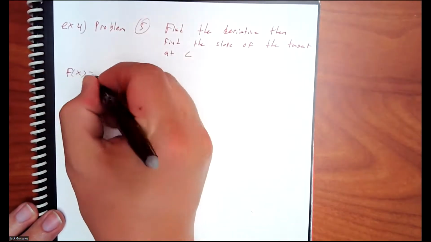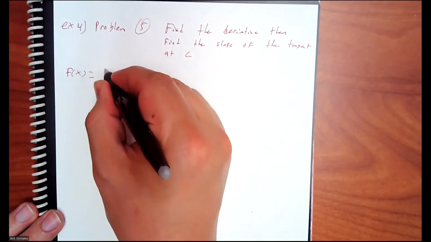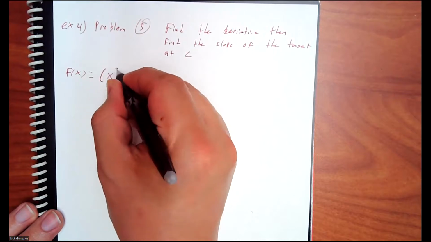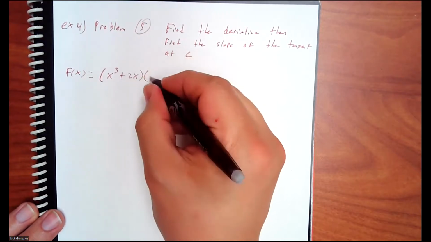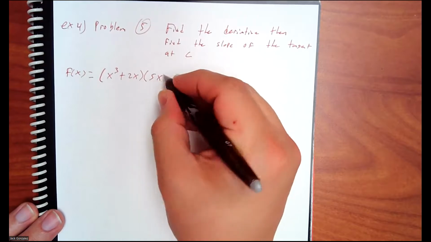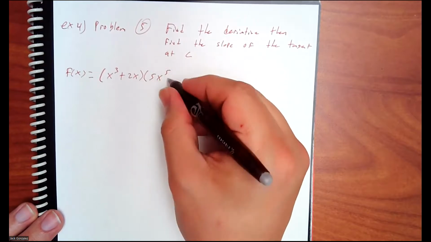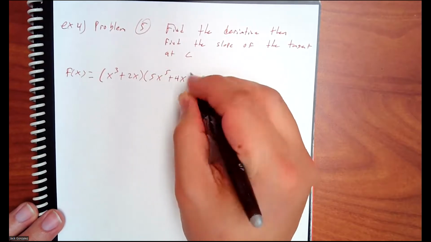So if we're given a function, what rule should we use here? It's going to be product, right? Because we have a product.